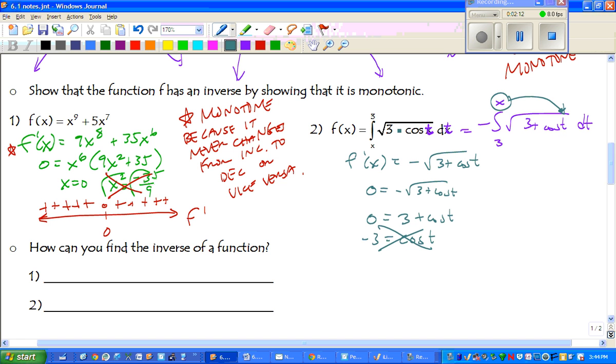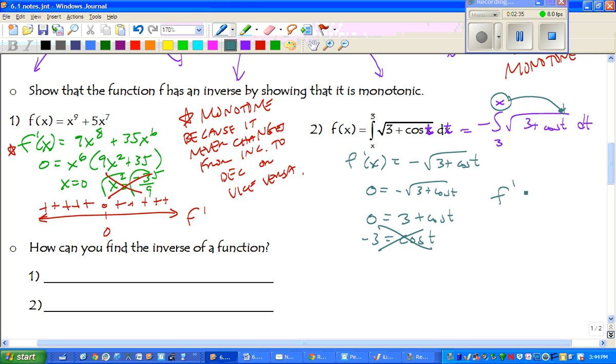So for this one, if we put anything into this derivative, as long as we get a value under the square root that's positive, then we're going to end up with a negative answer. So our derivative is always going to be negative.